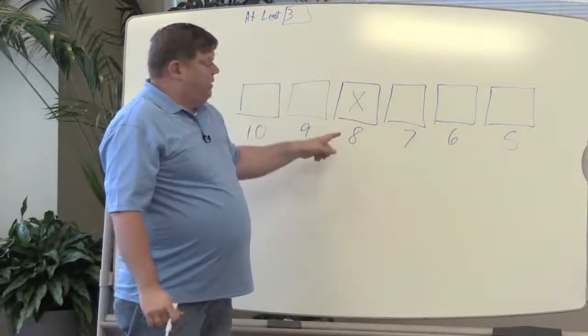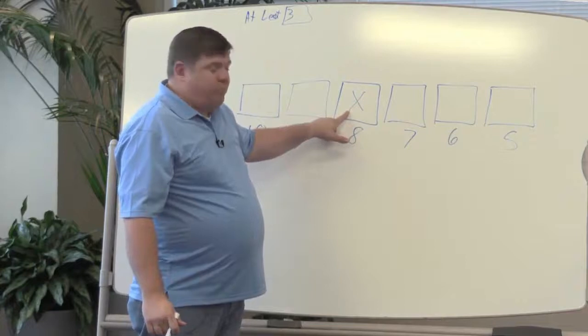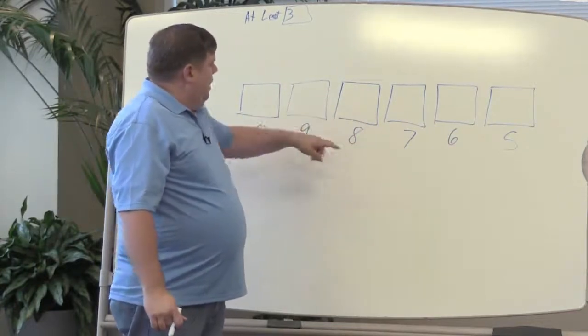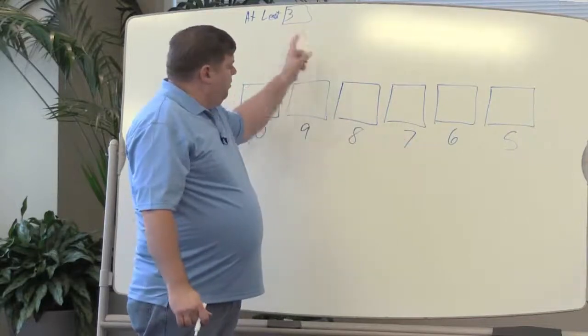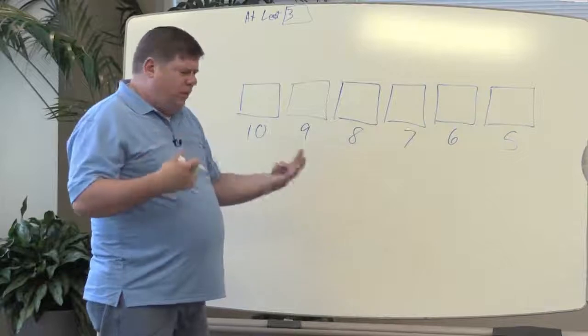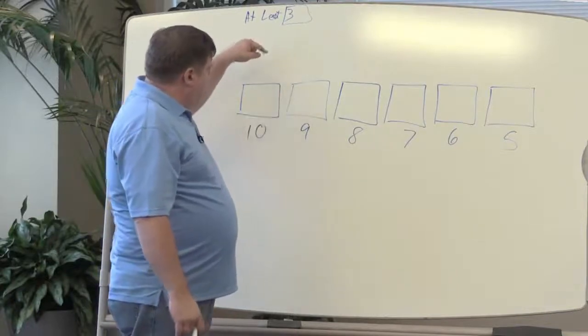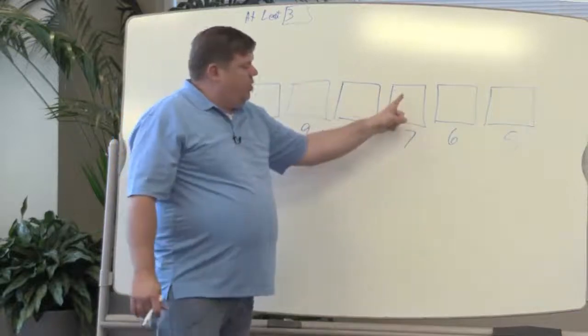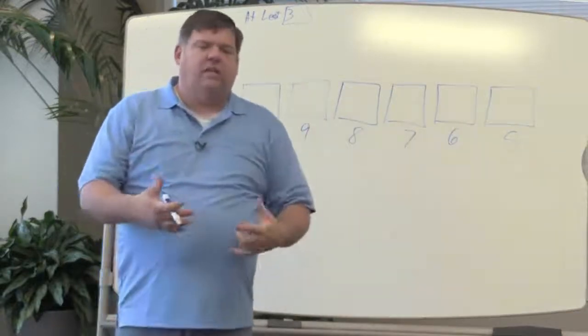If later on I figure out that 8 had a problem and we get it working again, and this one comes back online, I no longer need 7 to meet my minimum of 3, so I'll deactivate 7 and take it out of the pool flow, and the round robin algorithm will go back to going 10, 9, 8, 10, 9, 8. But if any current connections were still connected to 7, it doesn't kill them.